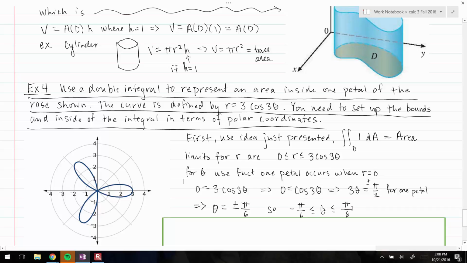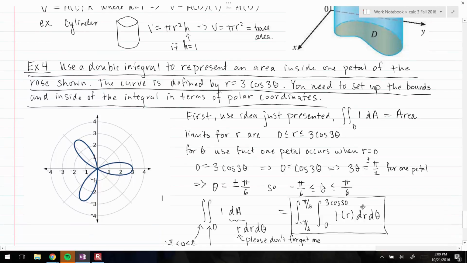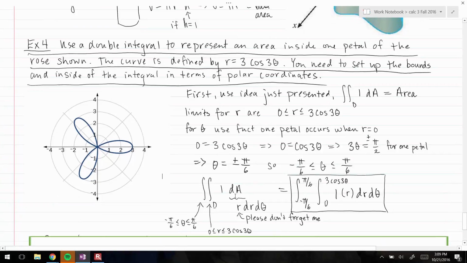Those are our bounds for theta when we plug it into the integral. We are just integrating 1, because we're trying to find the area, not a volume, so we just need to put in all these parts. We have our bounds for r and our bounds for theta, and don't forget that for dA, you always plug in r dr d theta, or d theta dr depending on how you set this up.